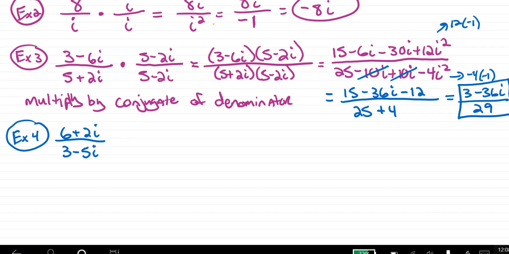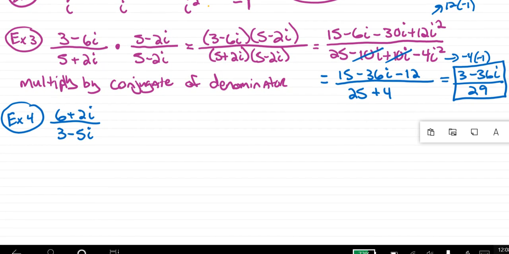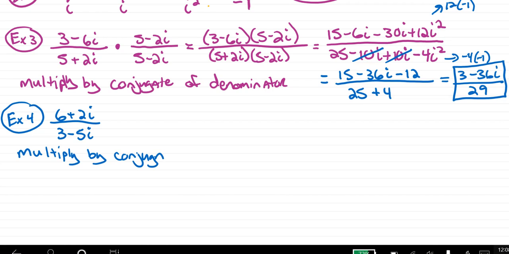All right, so for example 4 here, again, what I want to do is get rid of this i in the denominator, or the complex number in the denominator. So to get rid of that complex number in the denominator, again, I'm going to multiply by the conjugate of the denominator.